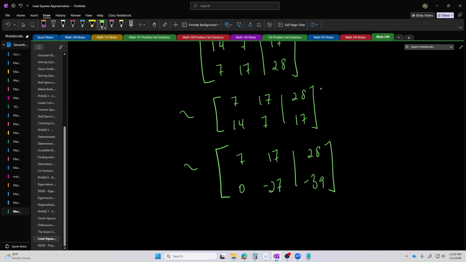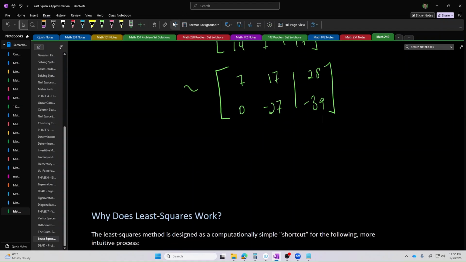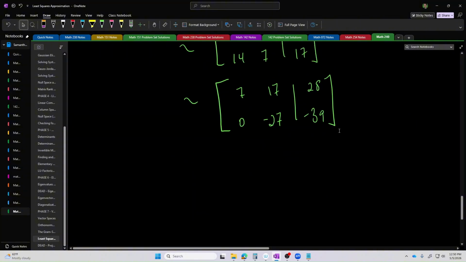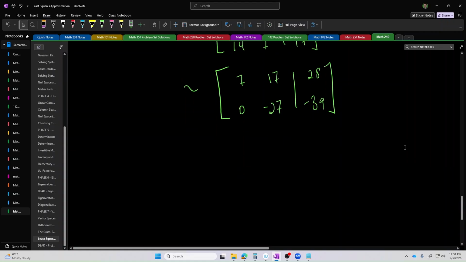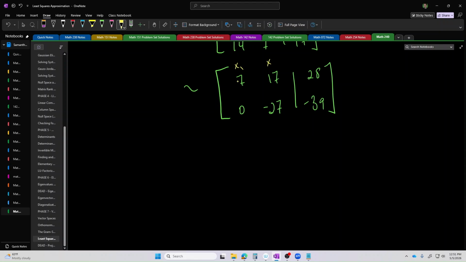And we can already see that this equation is going to have a solution because all of our pivots have ended up on the left side of the bar as opposed to the right side of the bar. Certainly the solution is not going to be cute. If I interpret these rows in terms of x1 and x2, I get negative 27 x2 equals negative 39, which means x2 is equal to 39 over 27, which I think can be simplified to 13 over 9.